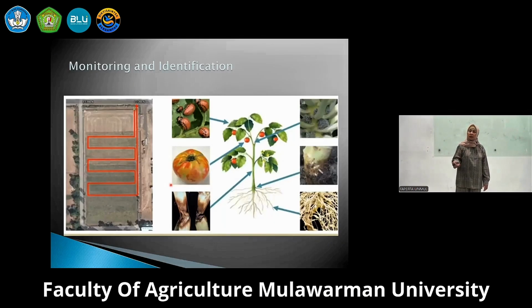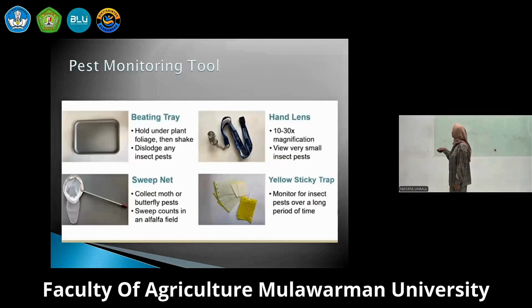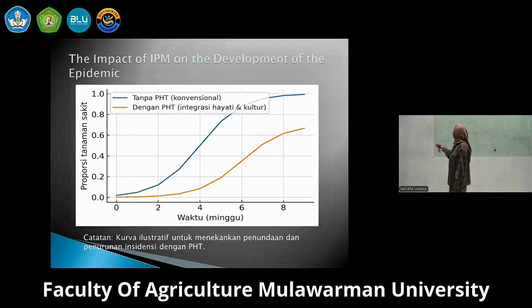Every insect or every pest has a different threshold, and you have to monitor again. This is the tool, and here is the impact again. Without the IPM, and with the IPM, the curve will be different.